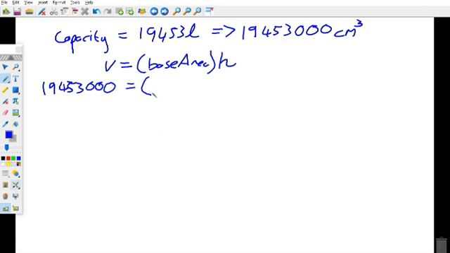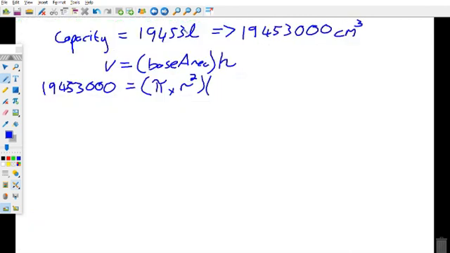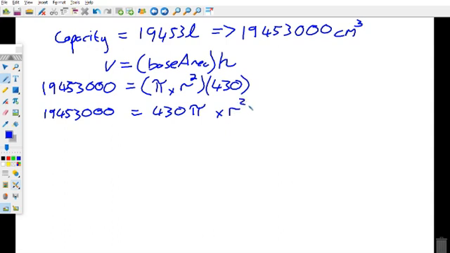And our base area is going to be pi times r squared because it's the area of a circle, multiplied by my height, and my height here, they gave it to us, 430. So we can say 19453000 is equal to 430 pi multiplied by r squared.